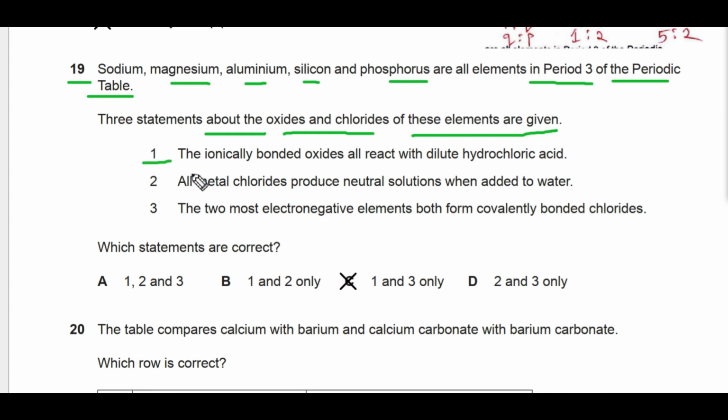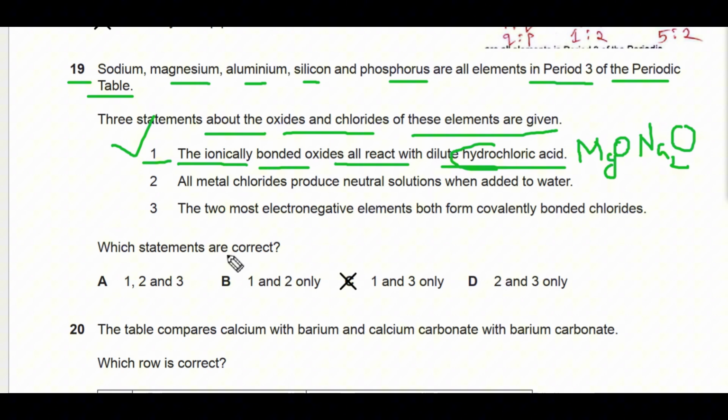Number 1, the ionically bonded oxides all react with hydrochloric acid. Yes. Say magnesium oxide, sodium oxide, these are ionic oxides, so they react with acid because they are metal oxides. Metal oxides are basic oxides, so they will react with acid. Number 1 is true and 3 is also true. So the answer is C.